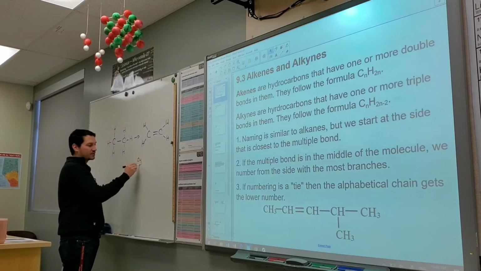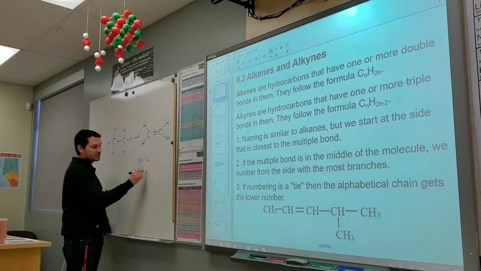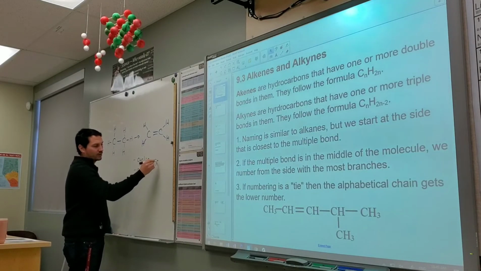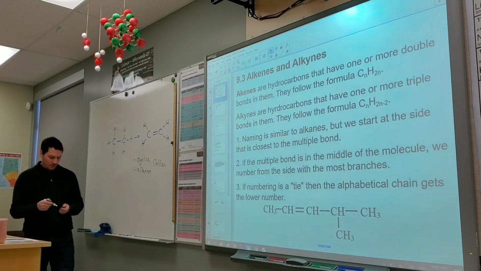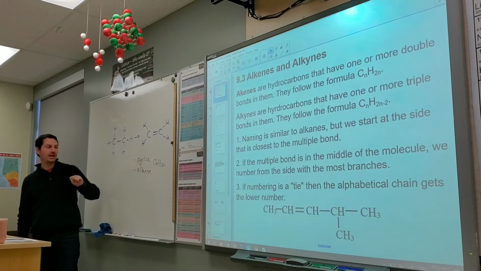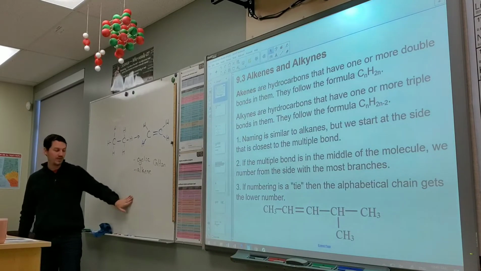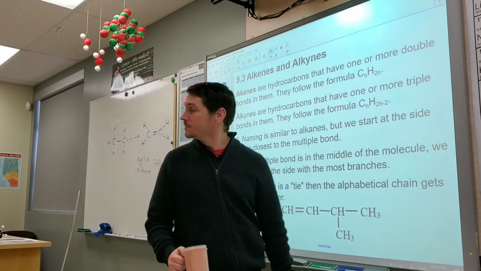So both cyclic compounds and alkenes follow the formula CnH2n. We will look at some conclusions about that a little bit later on.